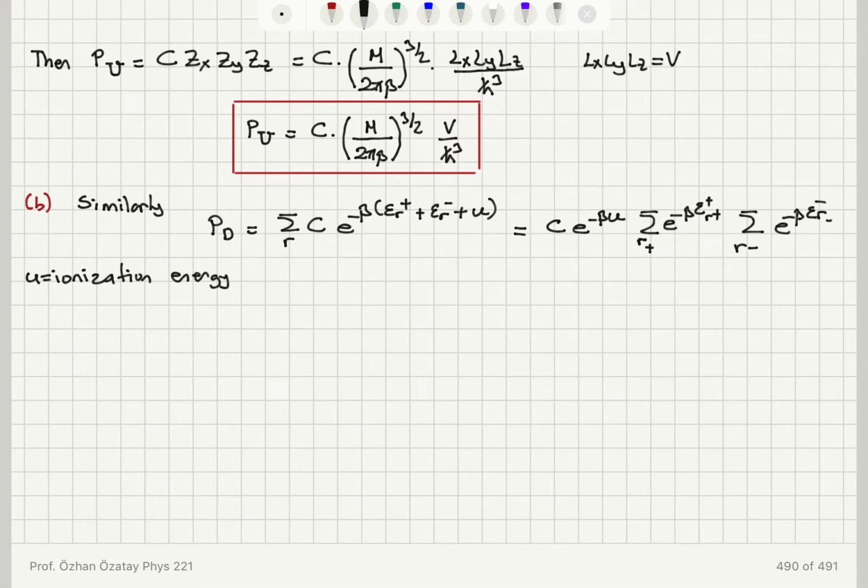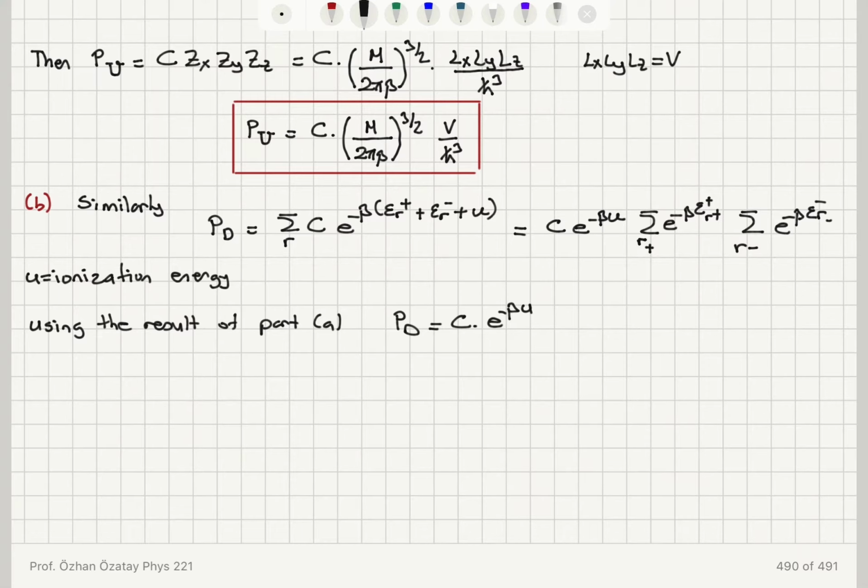So really I should be counting them separately, and because I have performed this already using the result in part A, I can write this probability as C e to the minus beta u.